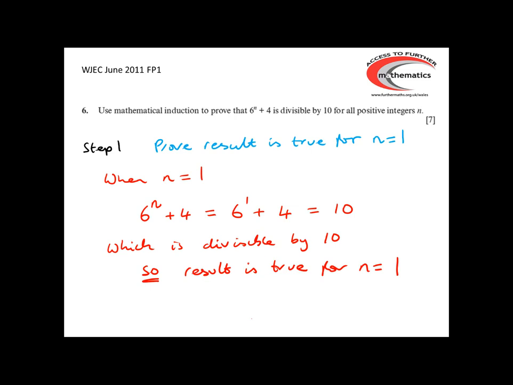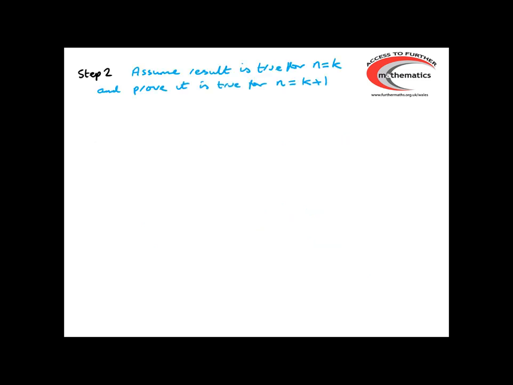We then progress to step 2. We're going to assume the result is true for n equals k, and prove that it must also be true for n equals k plus 1. So we're assuming that we know that 6 to the k plus 4 is divisible by 10.